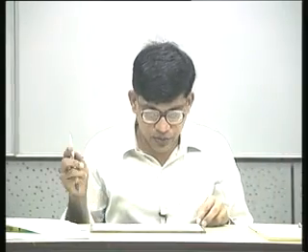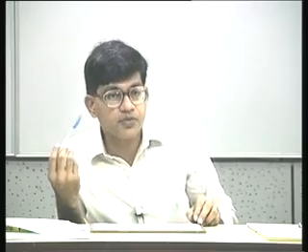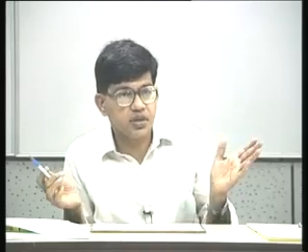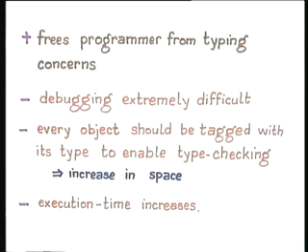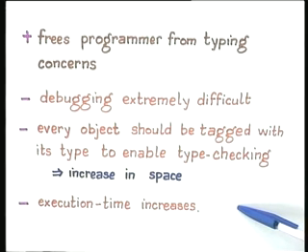And then of course, the other kind of abuse that this flexibility allows is that it frees the programmer from typing concerns, but it makes debugging extremely difficult. And then the extra overhead when you have dynamic type checking: of course you could take the attitude that I do not require any type checking, it is too slow, forget about it.